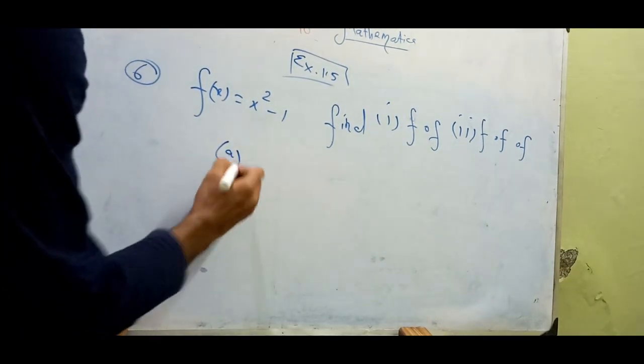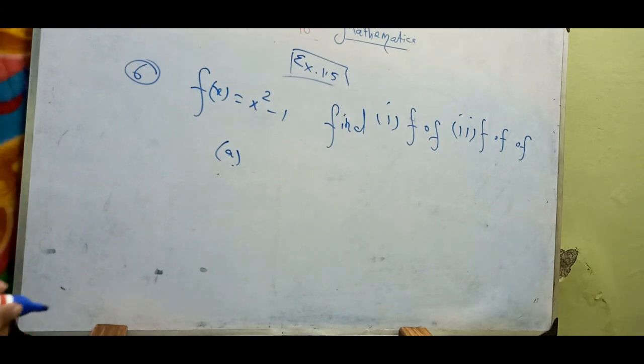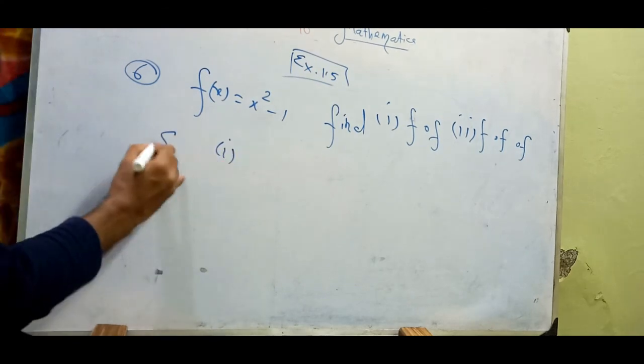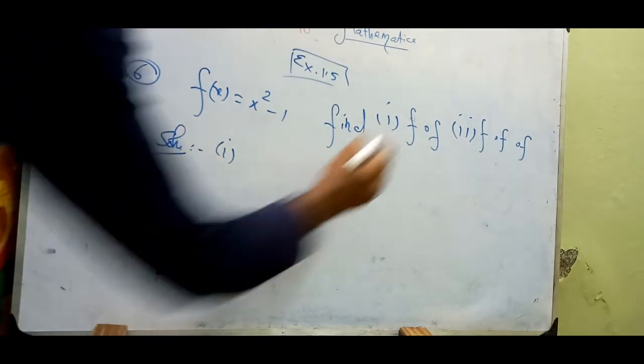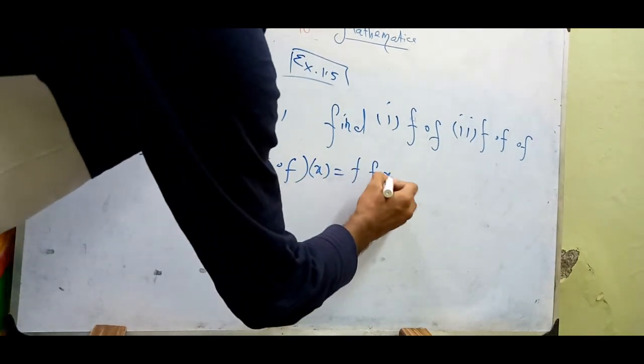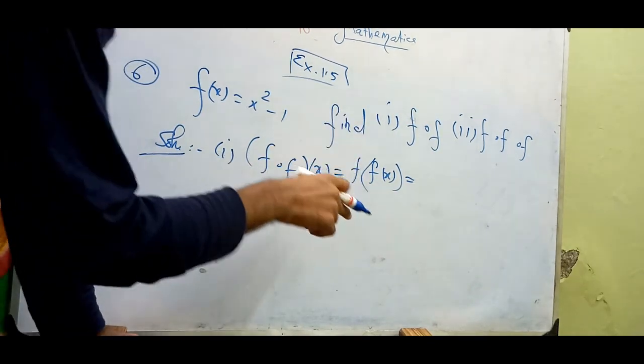Okay, so first question, solution. So f compose f of x will be f of f of x. We need to repeatedly substitute the f of x value in f of x itself.